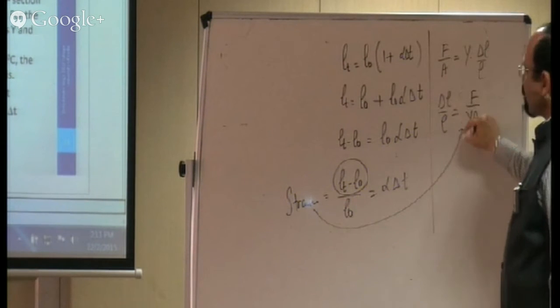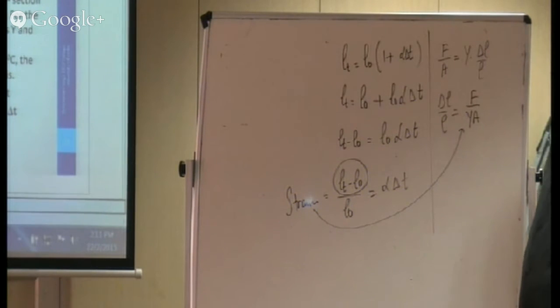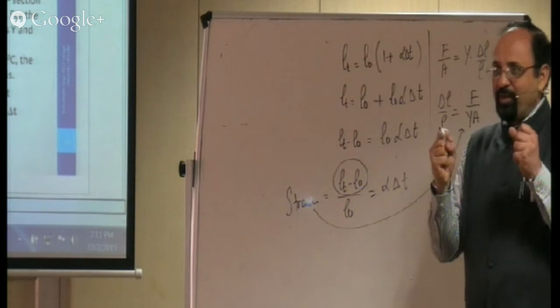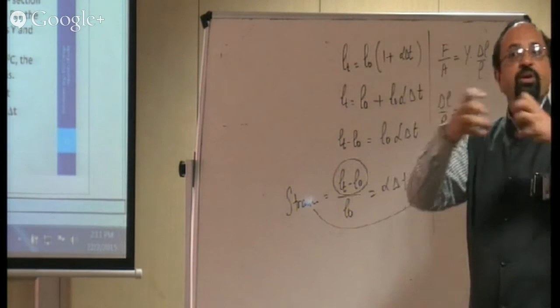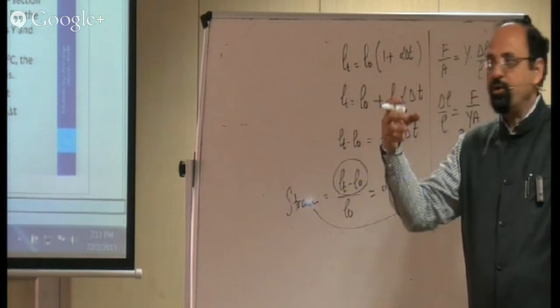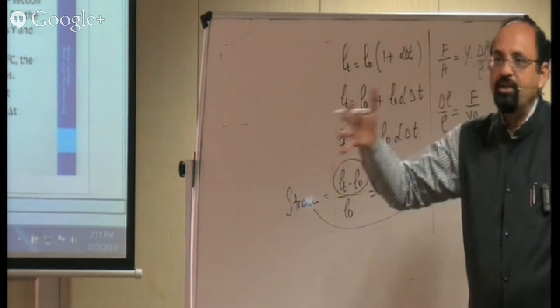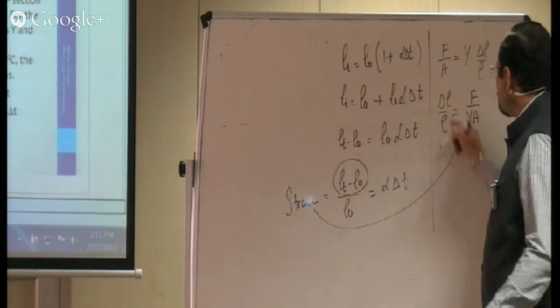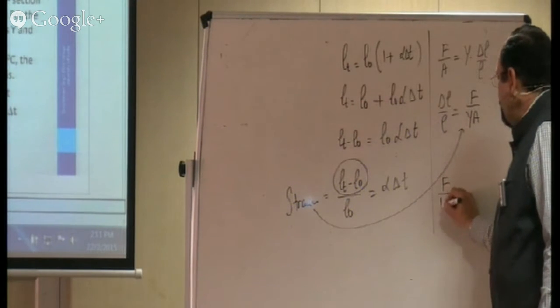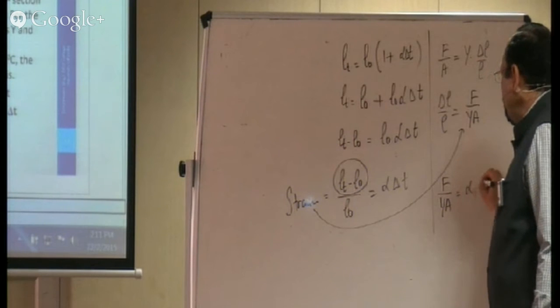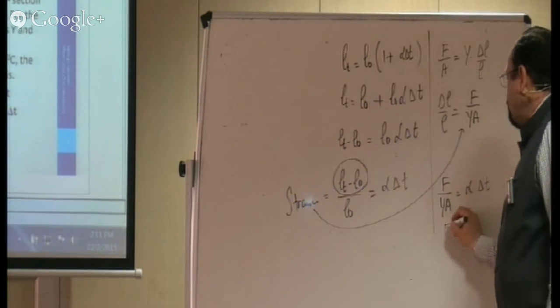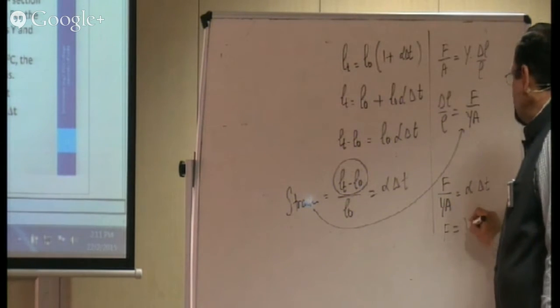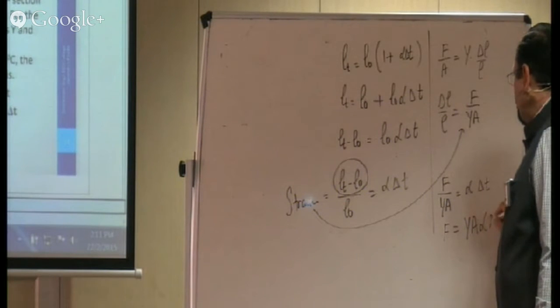This also is strain. Right? What have you done? One strain is expected to come because of the expansion. You didn't allow that. You developed an equal amount of strain to keep the length the same. So what force do you expect here? F by YA is equal to alpha delta T, and that will give you the answer. And your answer is YA alpha delta T.